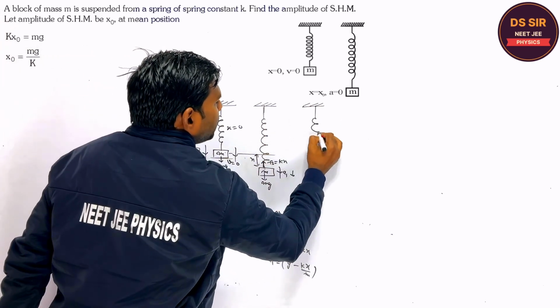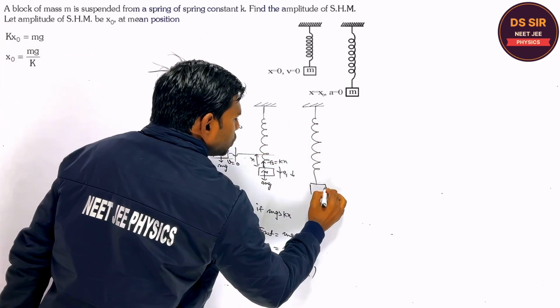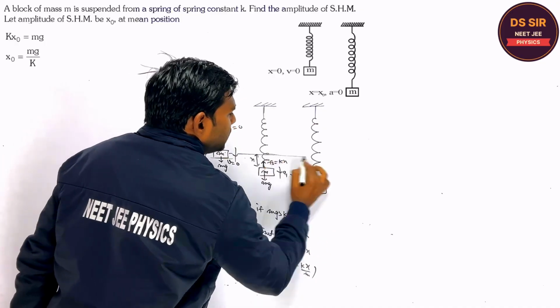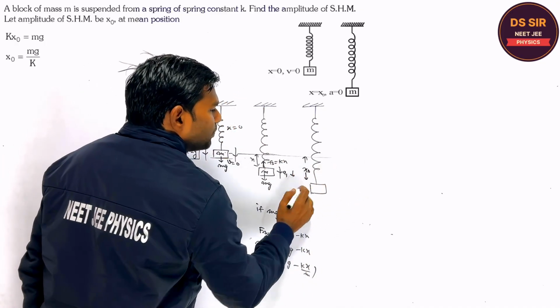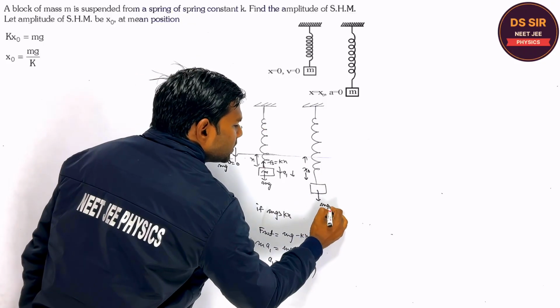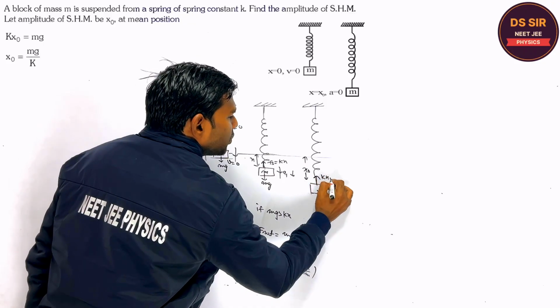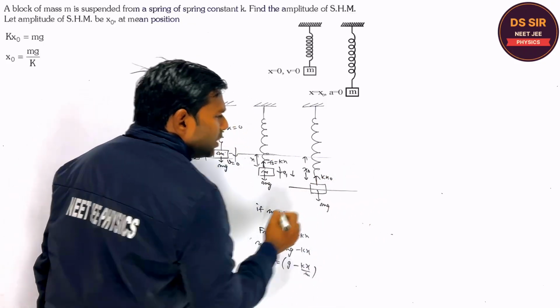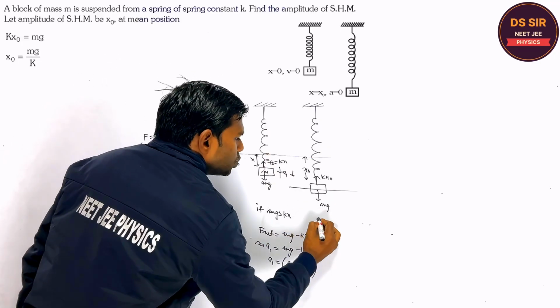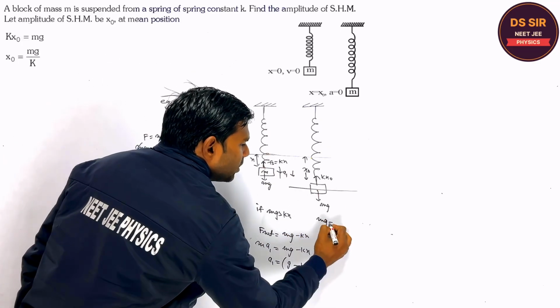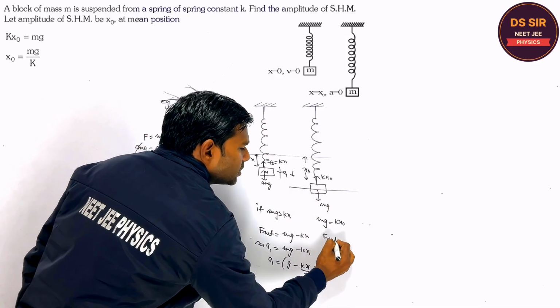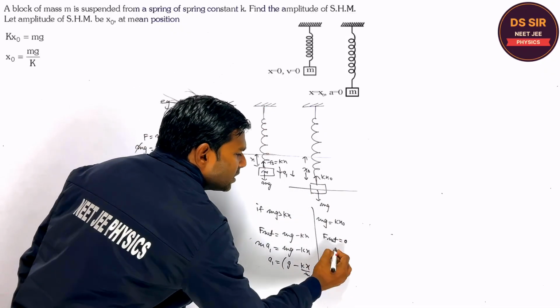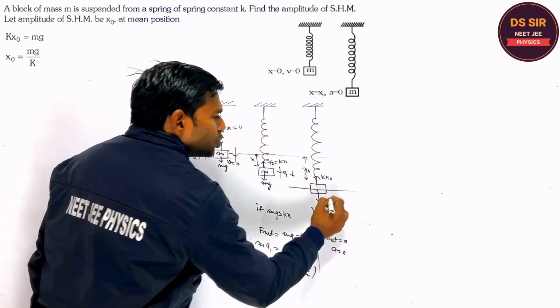Sometime what will happen? There will be so much elongation in this spring. Suppose the elongation is x naught, such that mg equals kx naught. This is called the equilibrium position. So mg becomes kx naught here. So what is the net force? Say 0 in this case. The acceleration is 0 at this point.